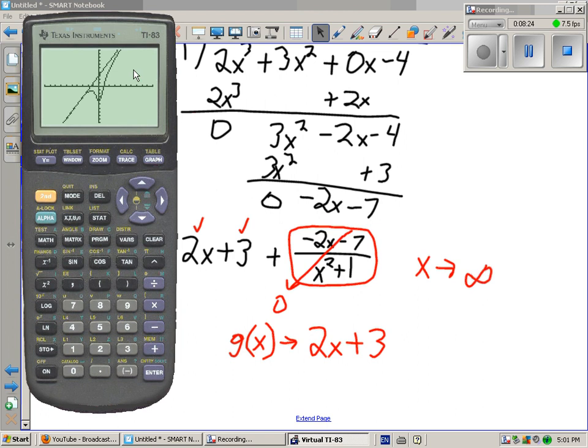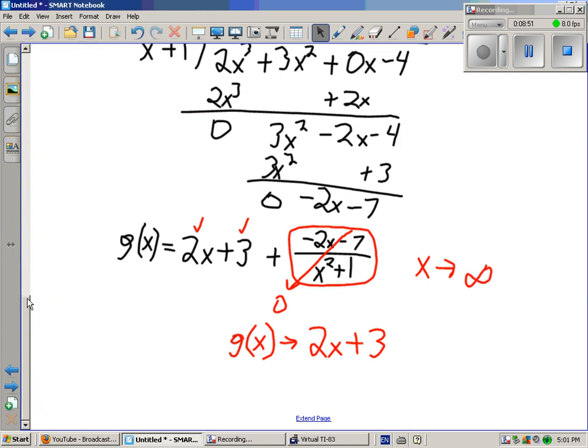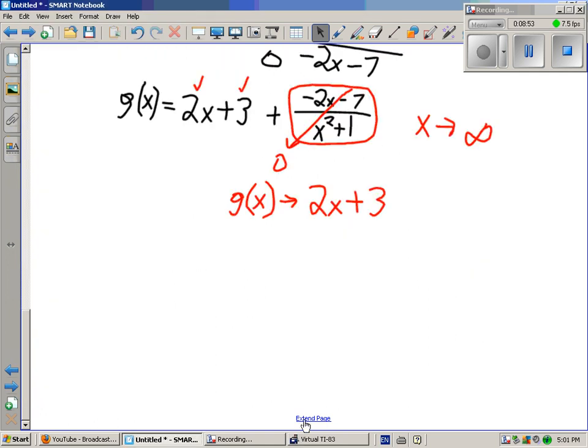We don't have a line that's going from left to right horizontally. We actually have a line that is coming up with a slope of 2 and a y-intercept of 3. And as our x values get bigger, our function gets very, very close to that. All right? The term for this is called a slant asymptote. Why? Because it's an asymptote and it's slanted.